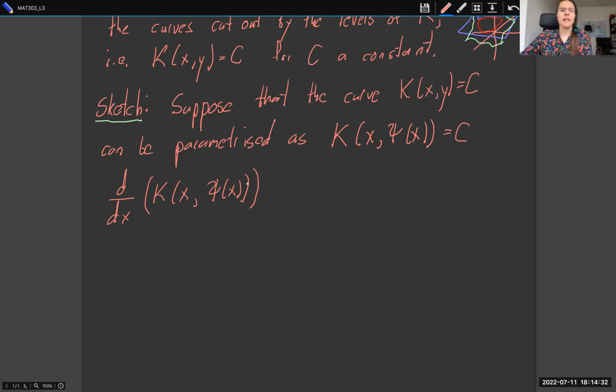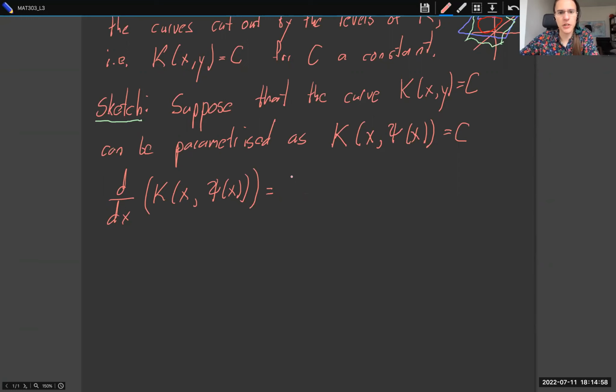And so if you have a function of 2 variables and you're trying to differentiate it, then there's a multivariable chain rule that applies. And we are going to use the multivariable chain rule. So what the multivariable chain rule says is that in order to differentiate this with respect to some internal variable, we're going to take the partial derivative of k with respect to x.